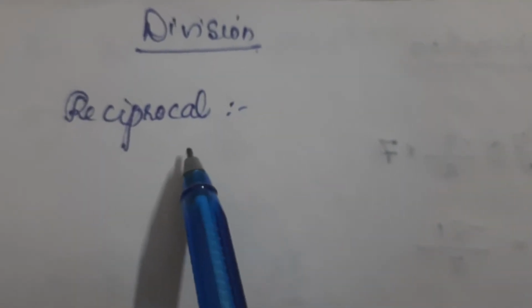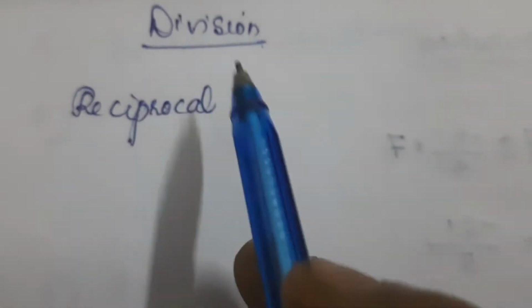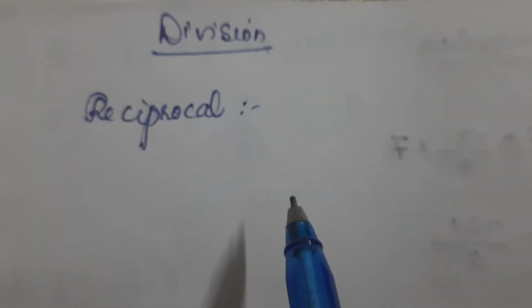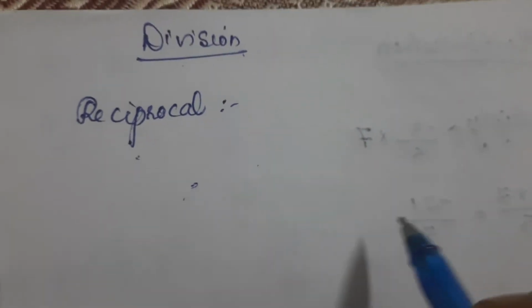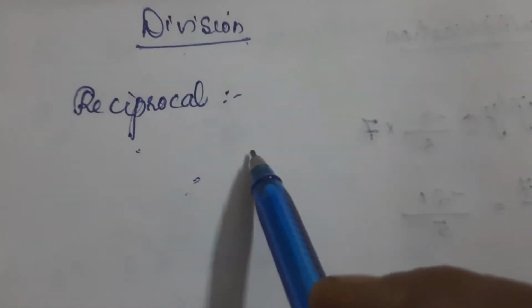Now the last portion left in this chapter is division of rational numbers. For that we need the reciprocal of the rational number. When we did subtraction of rational numbers, we took the additive inverse of the second rational number. Same way, for division, we are going to take the reciprocal of the second rational number.